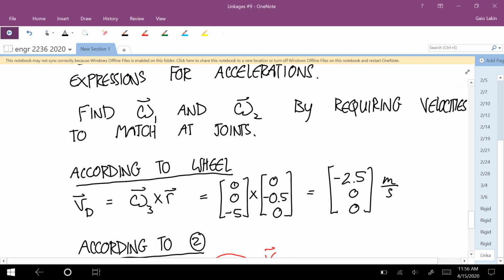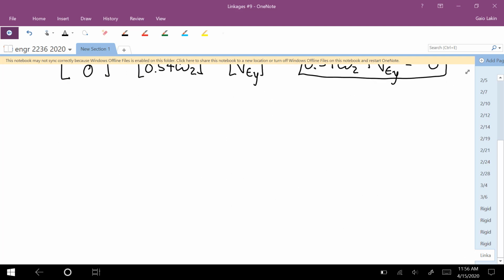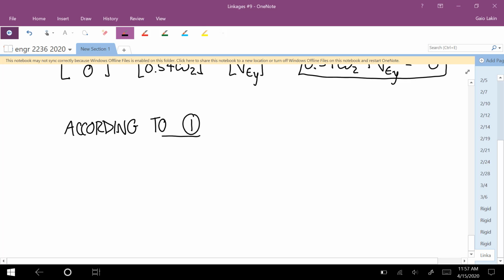Okay, so according to member 1, the velocity at E is equal to omega of 1 crossed with the r vector.